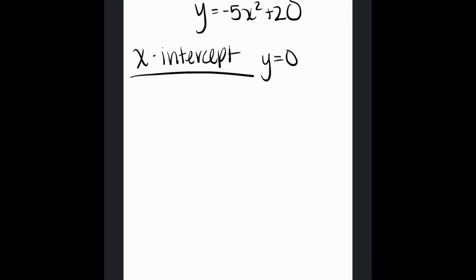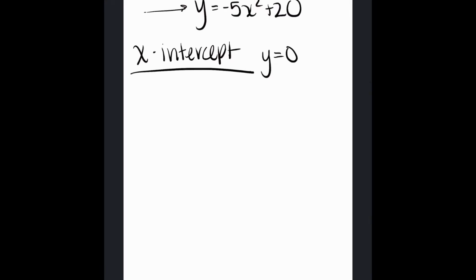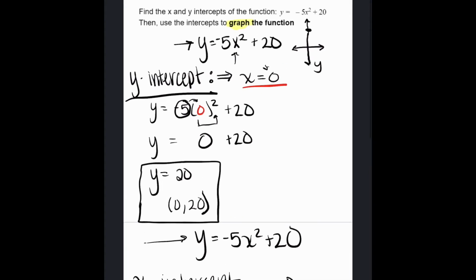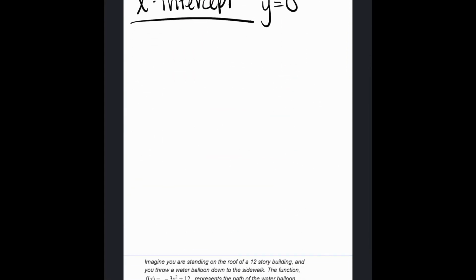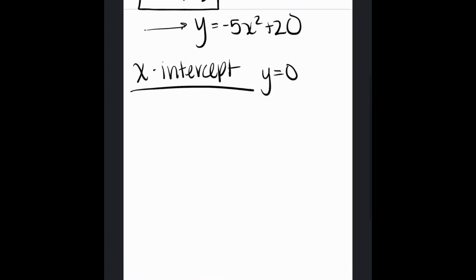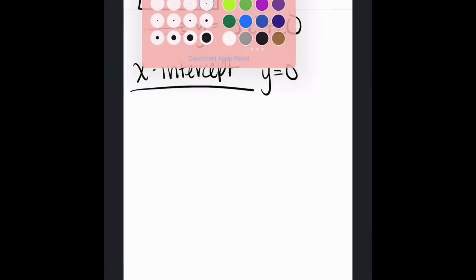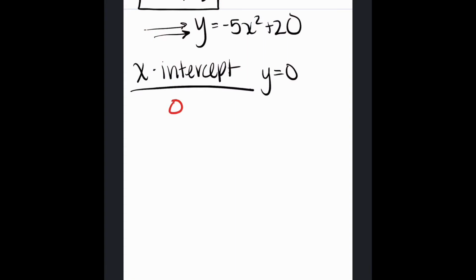And I know this particular problem isn't on your slide, but I do suggest doing all of this work with me, because you're going to do some stuff on your own in a second. Okay, so to get your x-intercept, you do want to set y equal to 0. So I'm going to take this equation, and instead of y equals, I'm going to put 0 equals. And then just rewrite everything else: -5x squared plus 20. So this is where my y used to be.